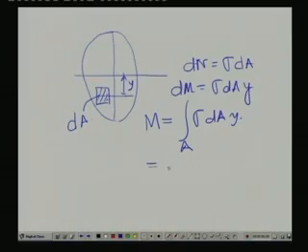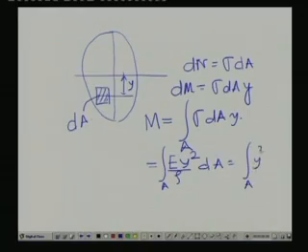Sigma was coming out to be E y by rho. So, this comes out to be a y square term multiplied into dA, so that comes out to be the integral over the area of y square dA, and I missed this one, so this should be E by rho.